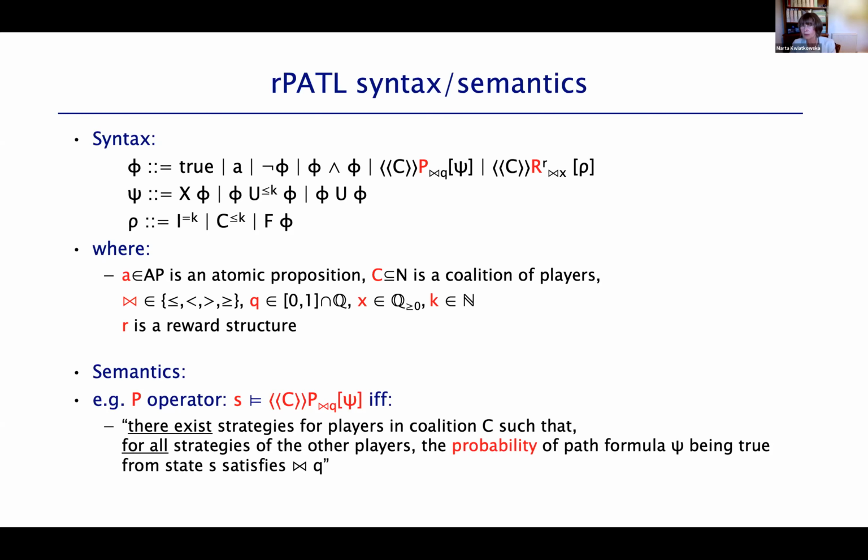And the reward operator is analogous, except that we are not talking about the probability of the path formula, but we are talking about an expectation for a random variable which is associated to the role, which will be specified by a reward structure. So that's the syntax.